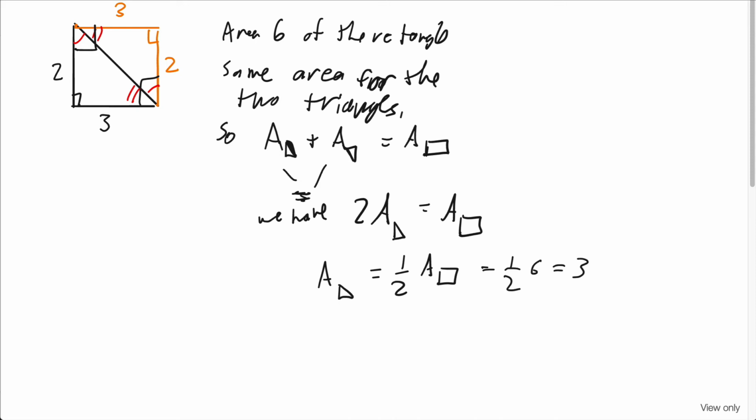Good. Now, in general, if you have a right triangle, same logic applies. Just say that's a right angle. Let's call the tall part here H and the small part B. Then what we have is that the area is 1/2 base times height.